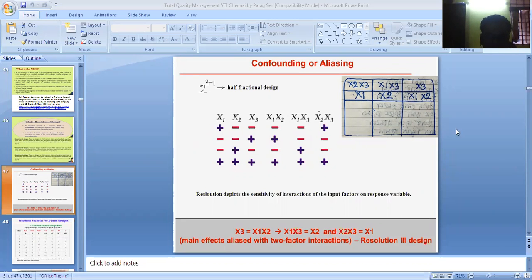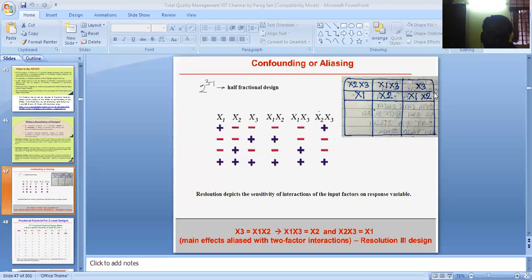When you are introducing one new factor, the column or the setting of the new factor will match some of the interaction effects definitely.